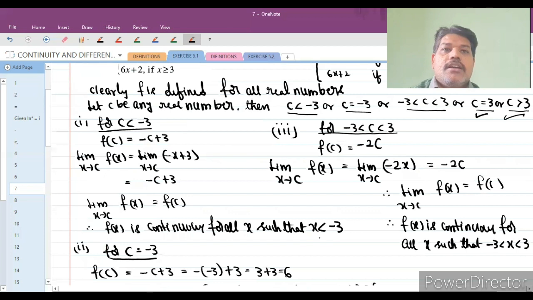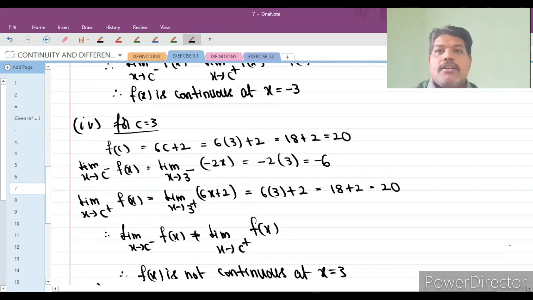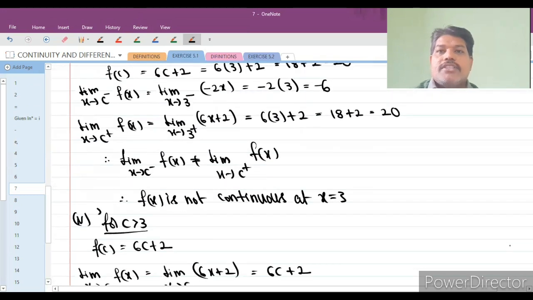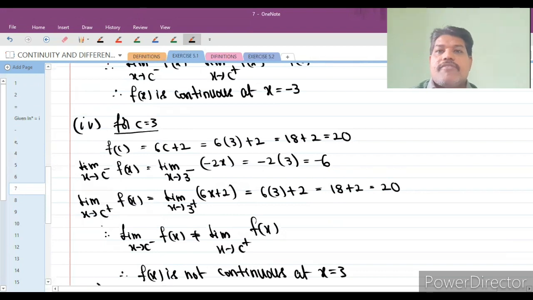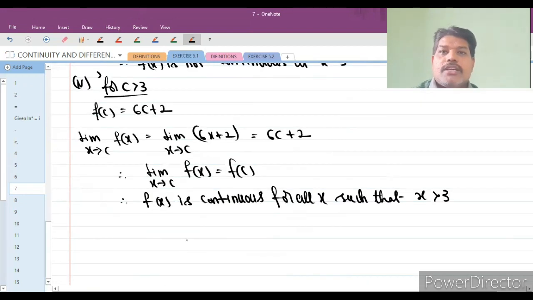The third case is f of x is continuous for all x such that minus 3 less than x less than 3. The fourth case is f of x is not continuous at x is equal to 3. The fifth case, f of x is continuous for all x such that x greater than 3.